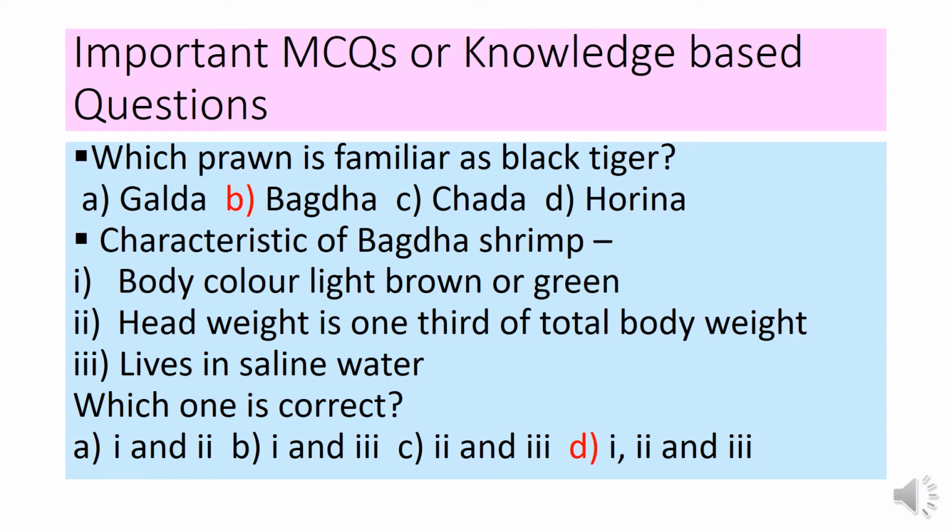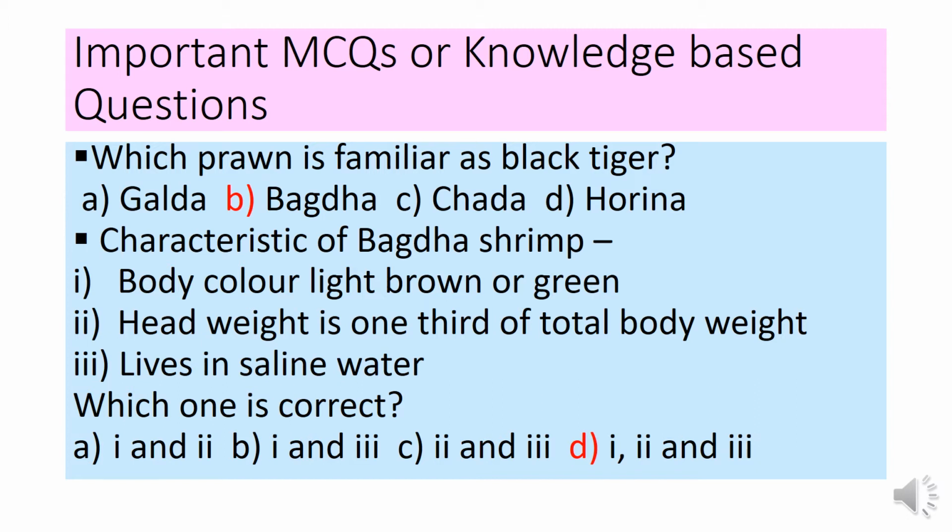Which prawn is familiar as black tiger? This question is very important. The options are Golda, Bagda, Chaka or Horina. As black tiger, option B is the right answer, that is Bagda. The second question is the characteristics of Bagda shrimp.